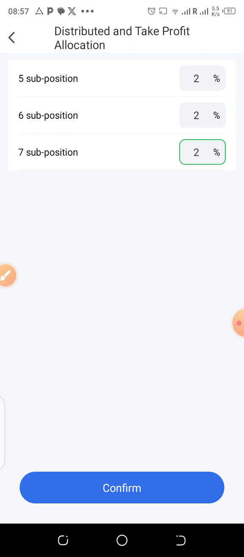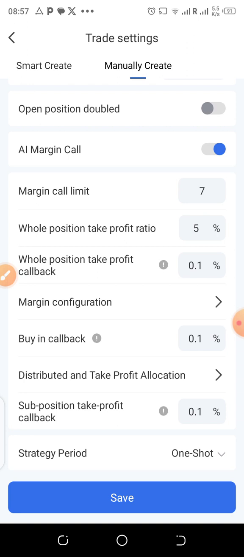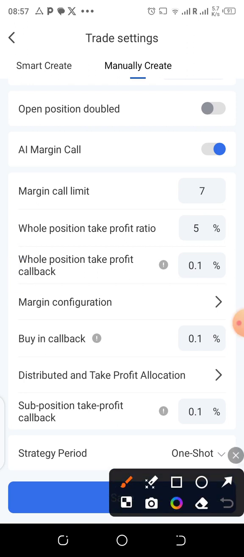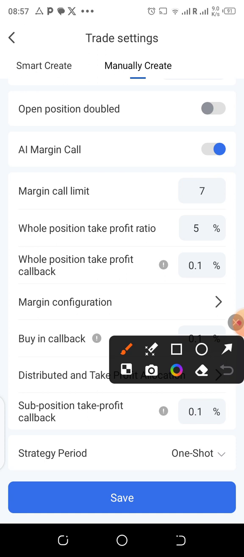Whenever the market rises by 2%, the robot sells and gives me my profit. So I come here down, I press on confirm. After that, I'm going to come here and save.